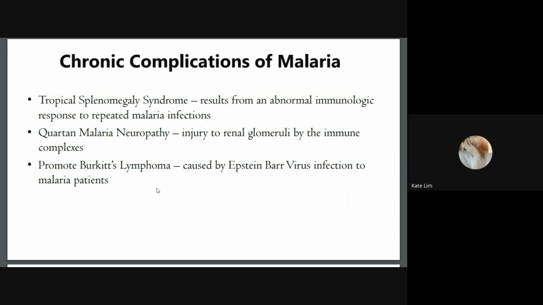This third bullet is a tragic reminder of how the immune system's vulnerability to malaria can make the body more susceptible to other infections and cancers. And this is not just true of malaria. If your immune system is vulnerable, you would be more susceptible to other infections.